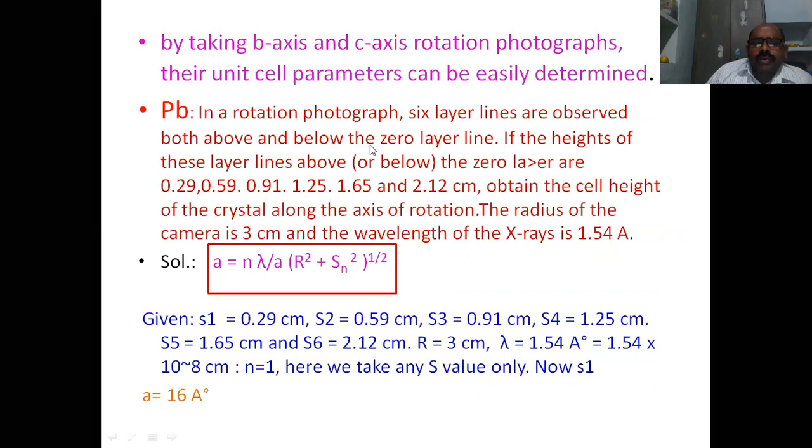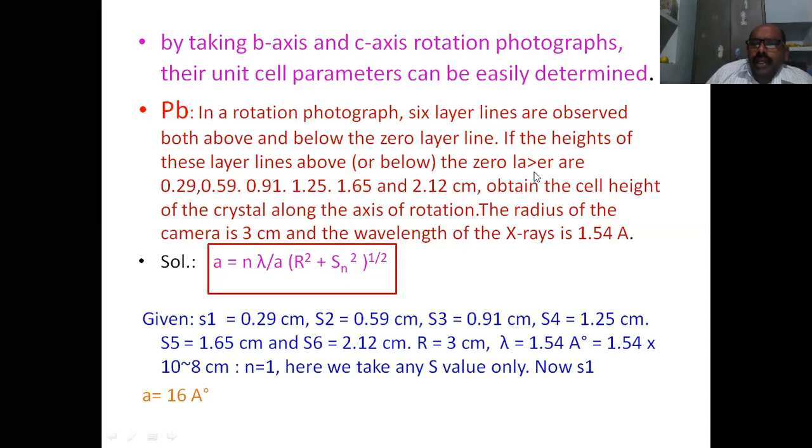Now, if the height of these layer lines is below the zero layer line, we write these numbers as minus. If it is above zero, we write them as plus.